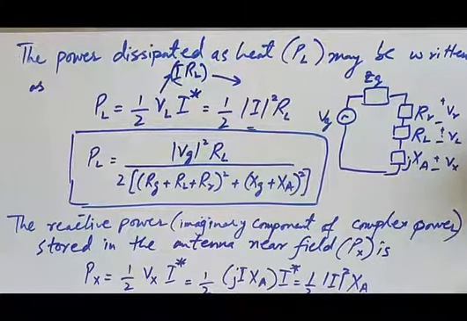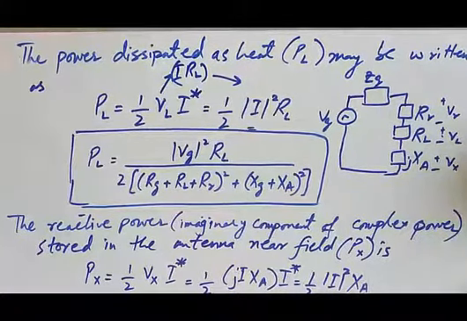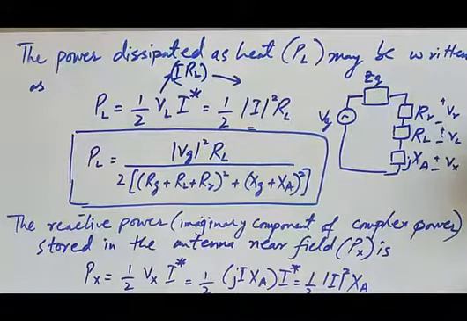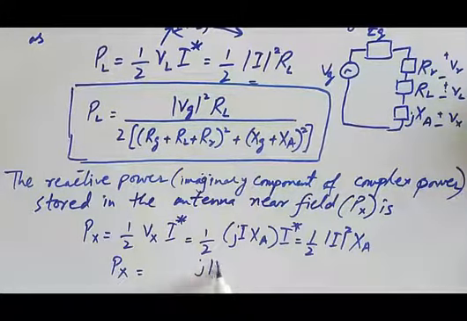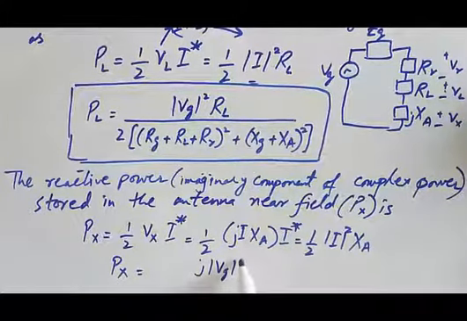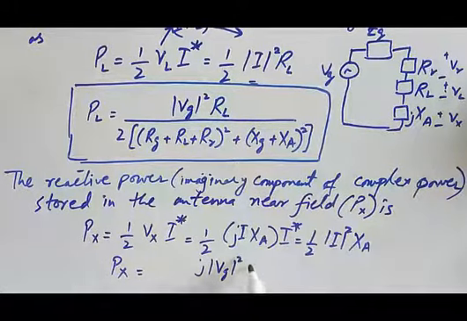So Px has this equation, and by just putting in the value of I magnitude, we can find the equation of the reactive power stored in the antenna near field.